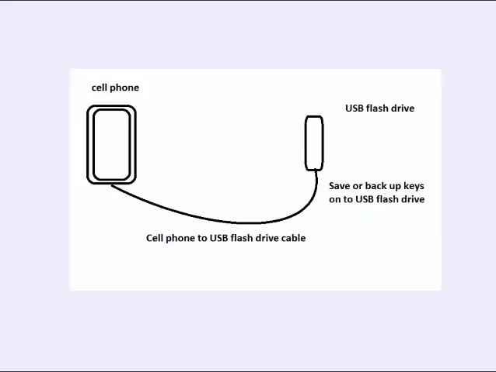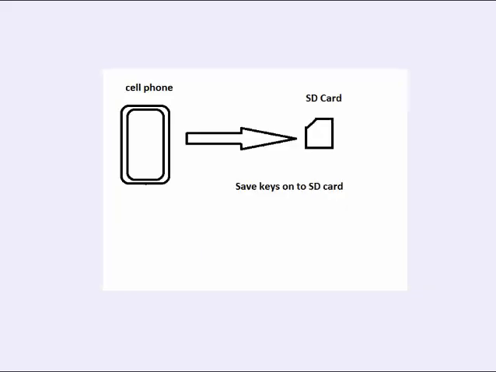The second method is to back up or move your keys, save or back up your keys to a USB flash drive using the cell phone to USB flash drive cable. This way you can exchange the flash drive with other users and they can load the keys that you have created onto their system and again synchronize and communicate with you.